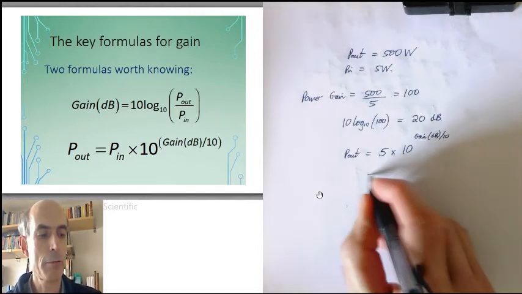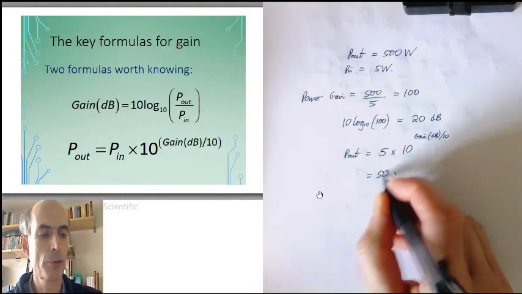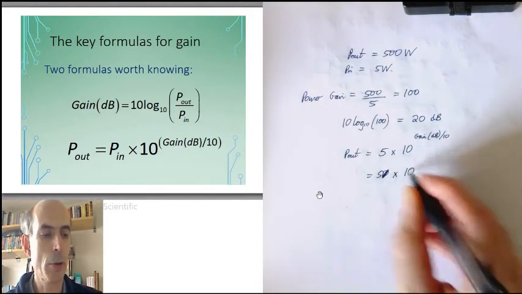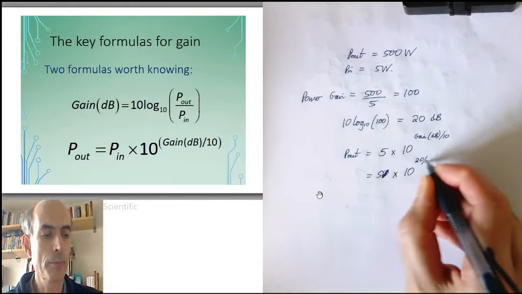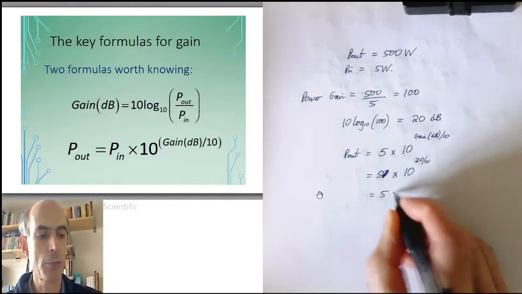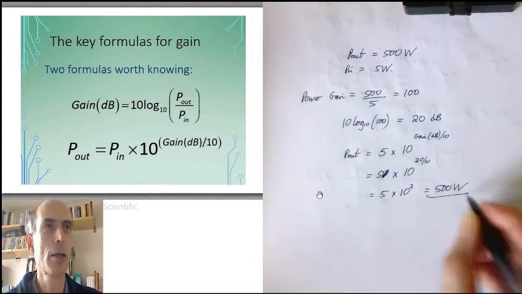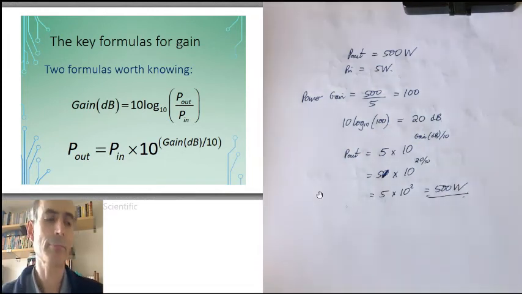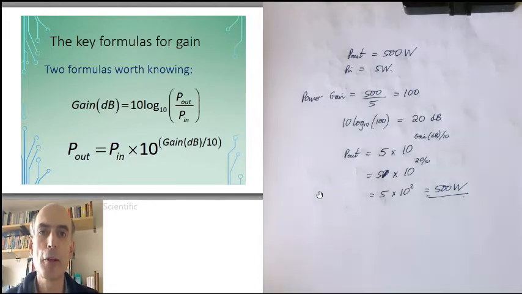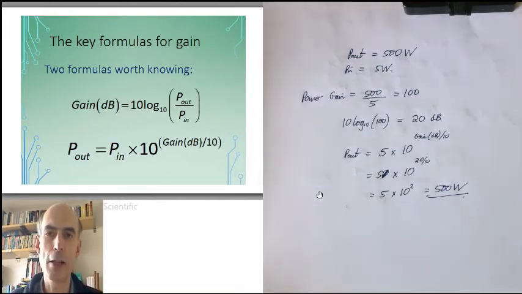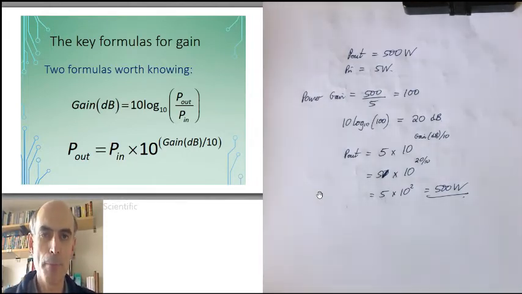That's 5 times 10 to the power of 20 over 10, which is just 5 times 10 squared, which is 500, as expected. And those are the two fundamental formulas for working with decibels and power gains.